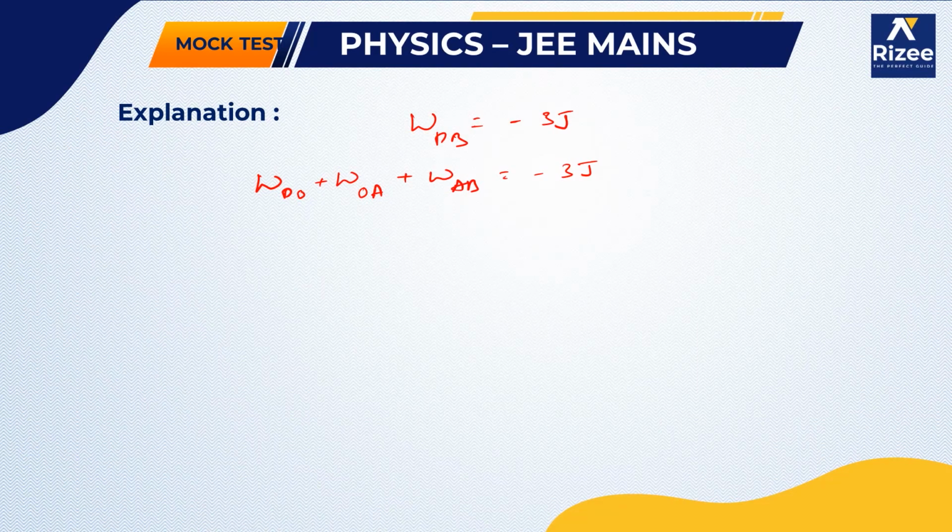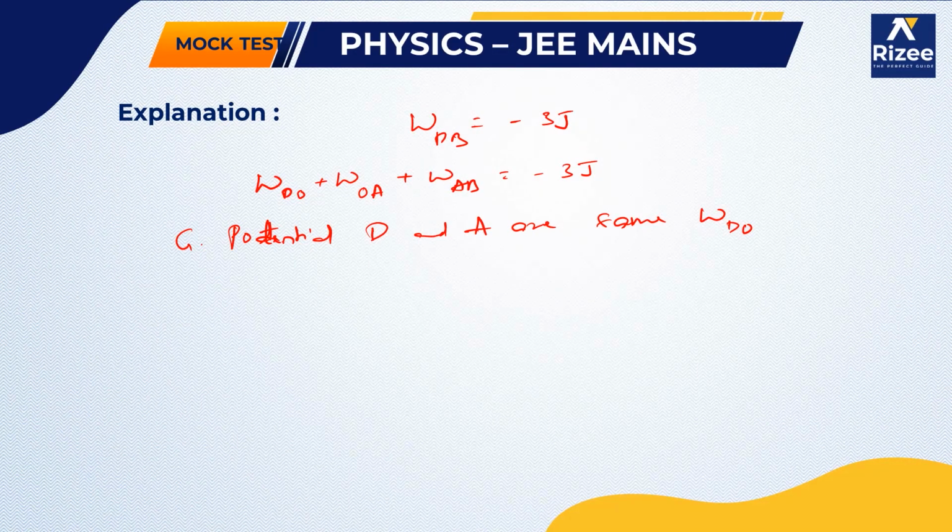Now since the gravitational potentials at D and A are the same, the work done from D to O and the work done from O to A will be equal and opposite, so these two can be removed here.